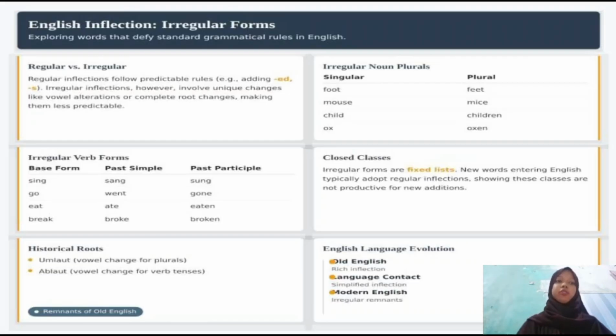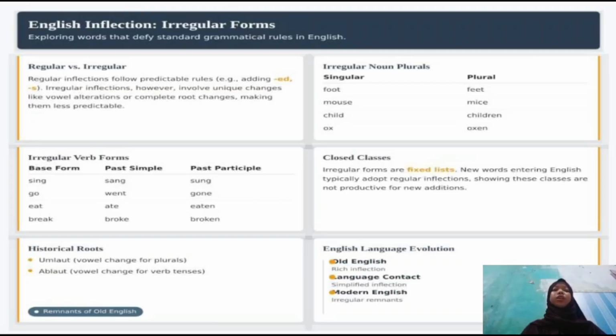And then language contact. English mixed with Old Norse during the Viking period. The two languages had different endings, so people started dropping inflections to communicate more easily. This made English grammar much simpler.